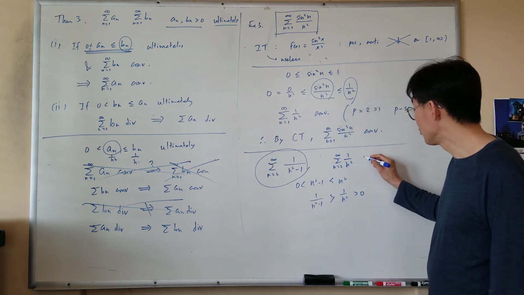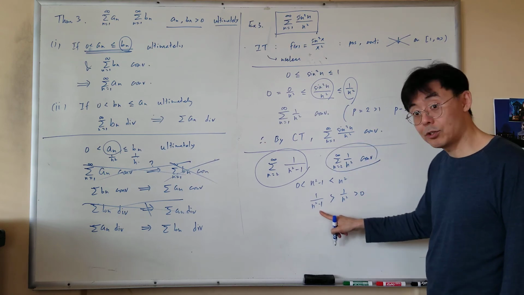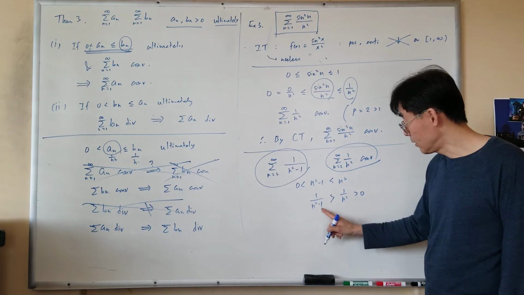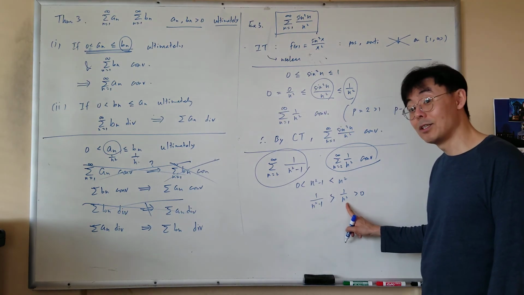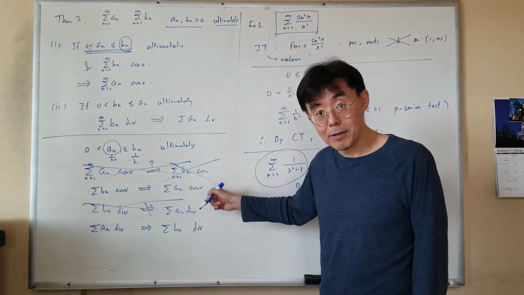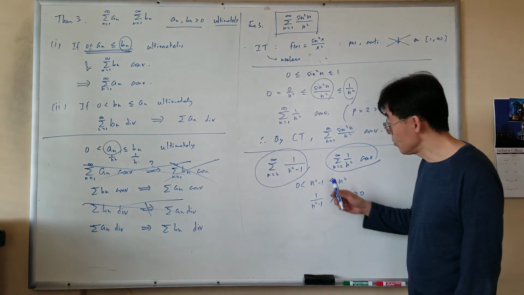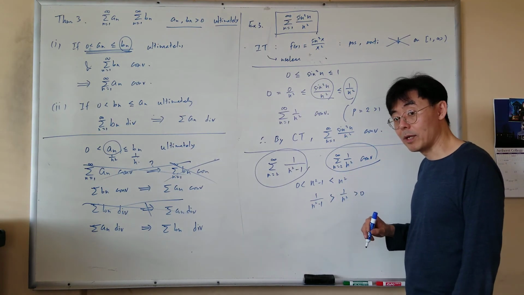Even if you show that this is convergent, this is a larger one. So you can't say that this is convergent only because some smaller series is convergent. That's the warning I gave you here, right? So you can't use comparison test using 1 over n squared.